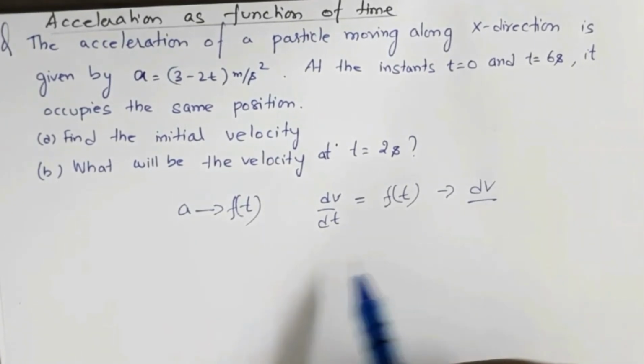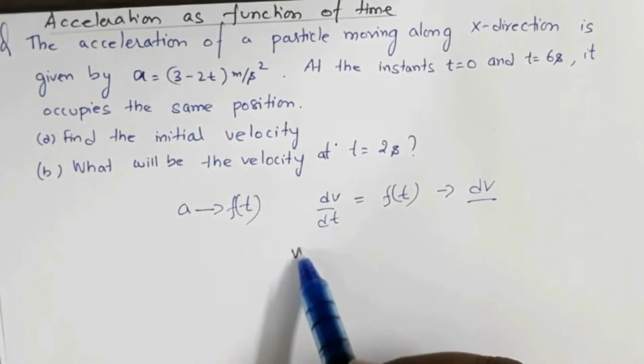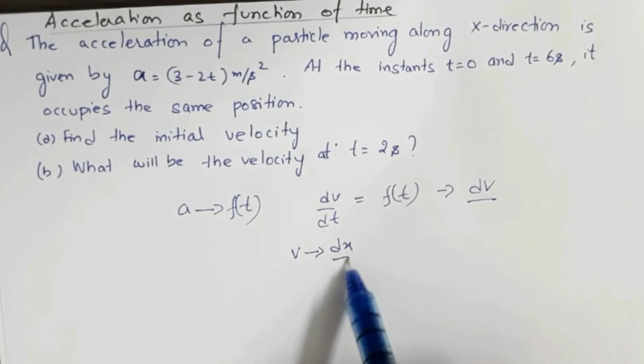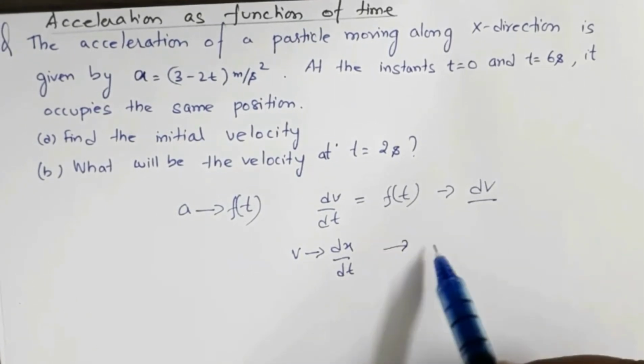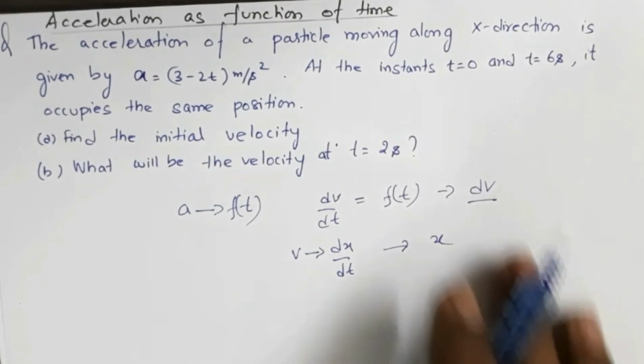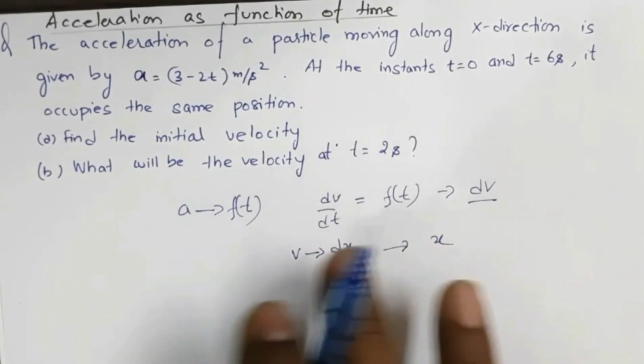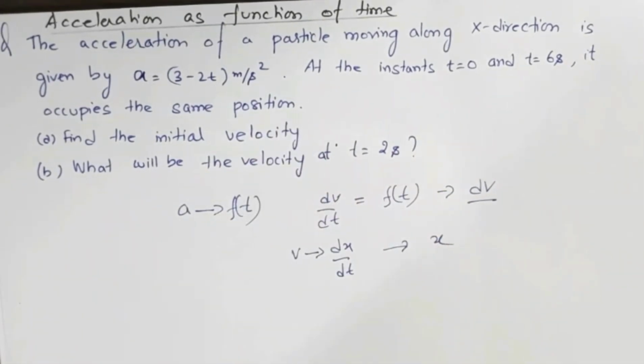Now if information is asked about position, then this v can be replaced by dx by dt, and from that you can get the value of x on integration. So this is the main essence of this type of question. We will apply this concept in solving this question.